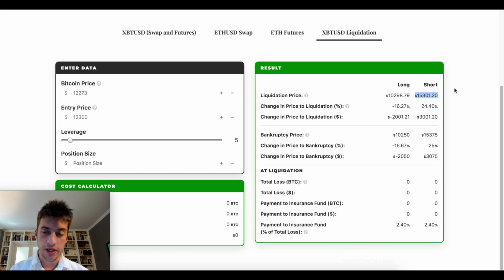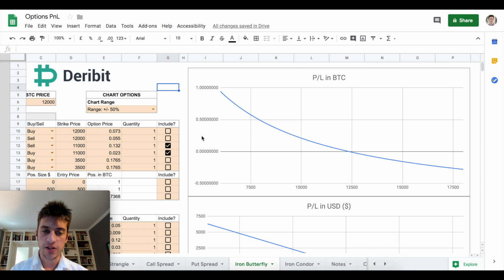I'm not doing anything crazy here. Everything that I've shown is something that is attainable. It is possible to get these premiums with the current order book. All you're doing is placing an order in between the market price and the best bid or the best offer.